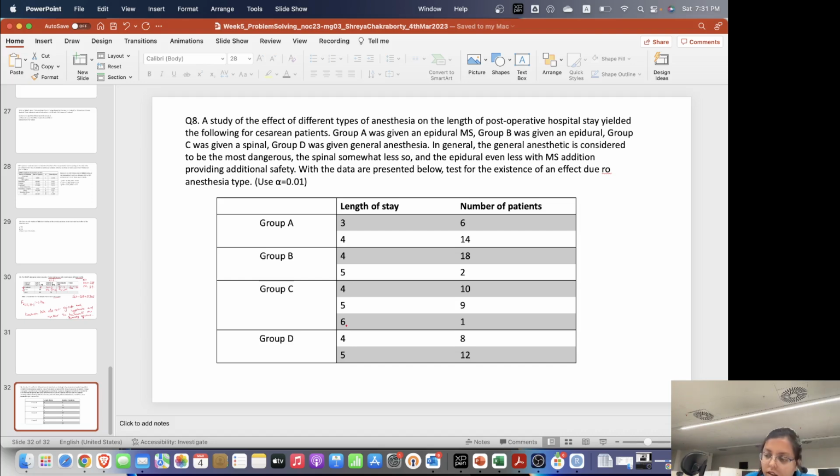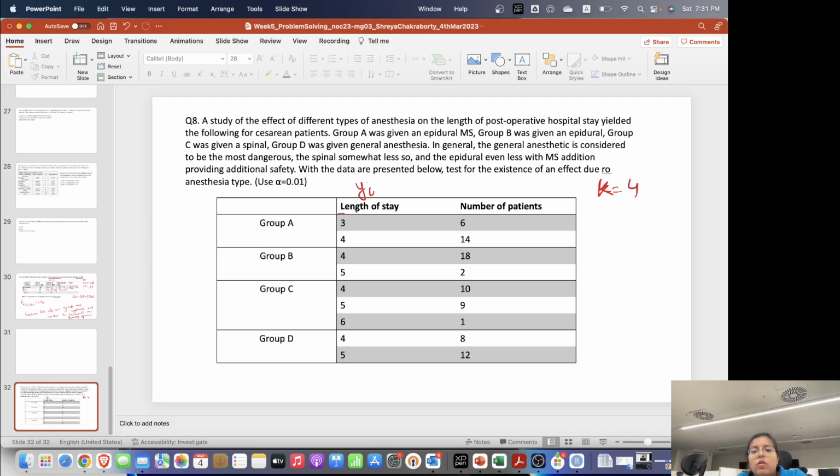Four groups, so K will be 4. What is the variable we are trying to consider? It is the length of stay of anesthesia. So yi is this column that we are trying to consider.